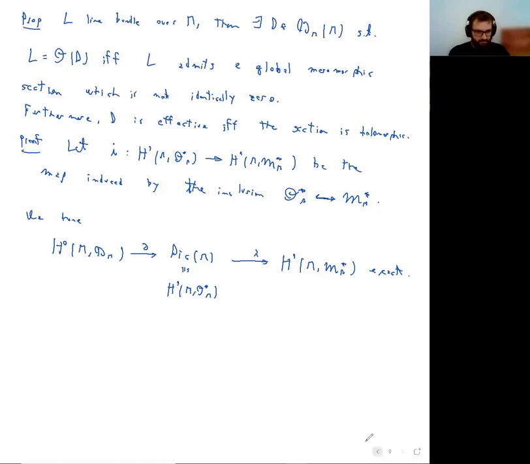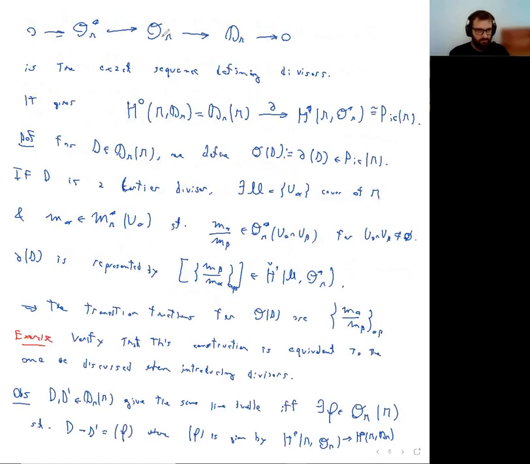Did I make a mistake when I defined the divisor thing? This is not the divisor, is it? Oh my God, I'm sorry. Okay, now this explains a lot. This is not how you define divisors. This is how you define divisors, and this is the inclusion map. Sorry about that. Okay, so here we were right.